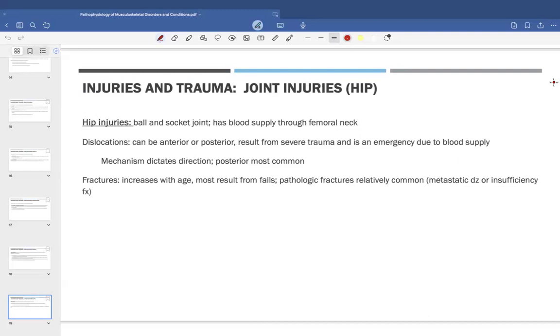They say they fell, the ambulance brings them in, and clearly their leg is shortened and externally rotated. Did the fall come first, or did the hip pain come first and you fell because you hurt a cracked hip? There's a big difference in what came first in this particular case.